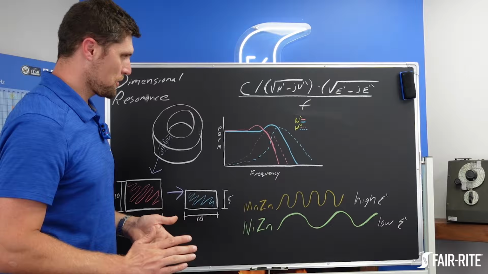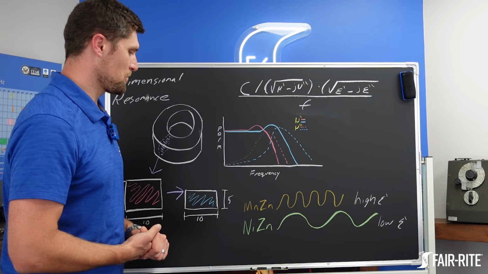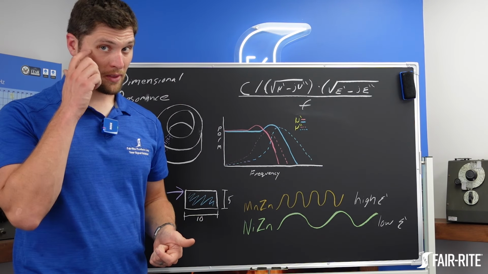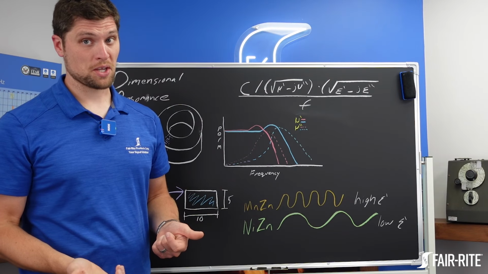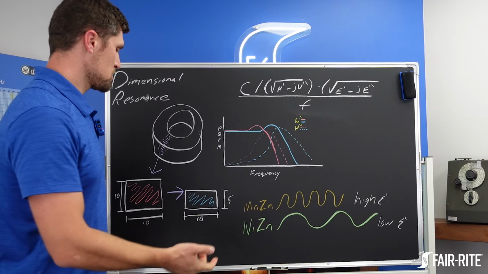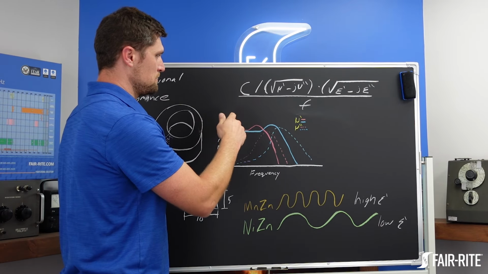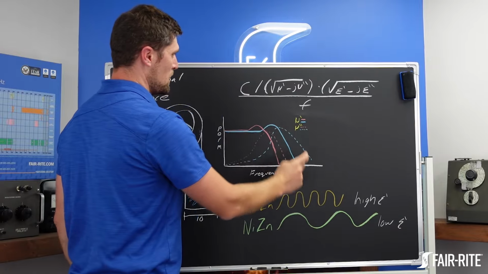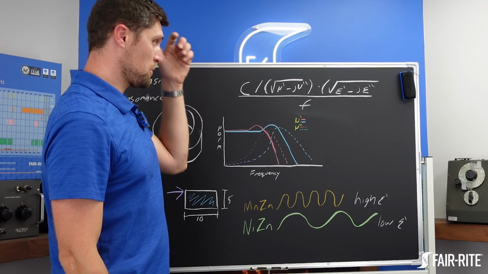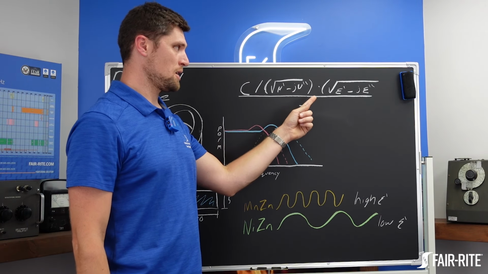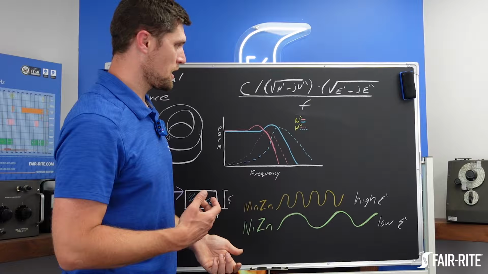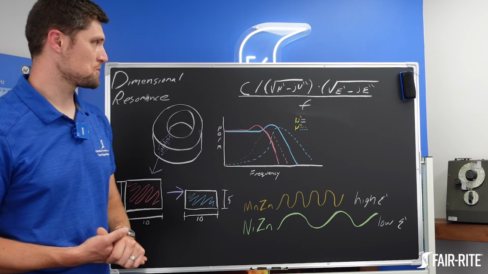But part of the reason has to do with basically the effective wavelength inside the material gets changed depending on the material. So we can look at the change in effective wavelength with this formula up here. Using the complex permeability and complex permittivity of a ferrite material, we can calculate how that effective wavelength changes with frequency.